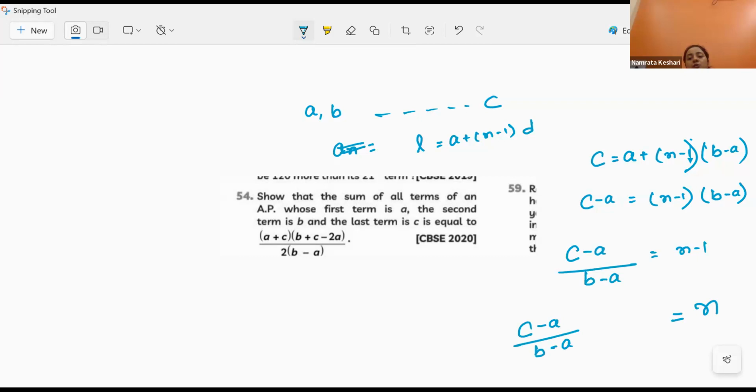So N will be C minus A plus B minus A over B minus A. So we ended up getting C plus B minus 2A over B minus A. Can you see? Oh wow, we are getting it. Maybe we are on the right track.